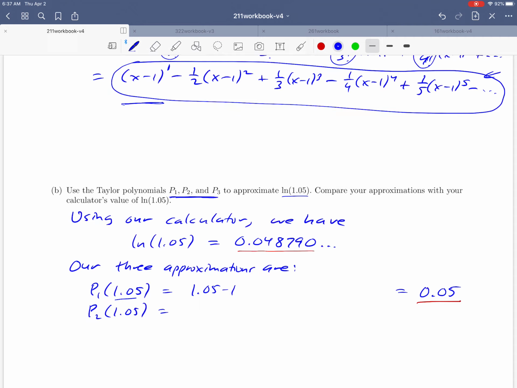Okay, so P2 is just the polynomial that we would get if we go out in our series until we reach the second power. So we're going to stop when we reach x minus 1 squared. So we're going to take just those 2 terms that I underlined and plug 1.05 in.